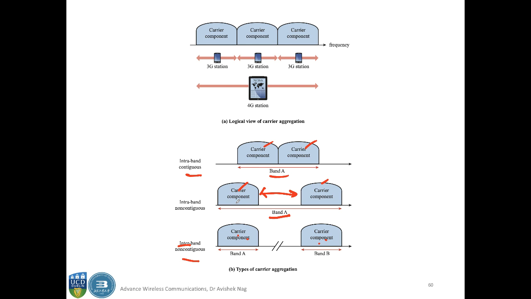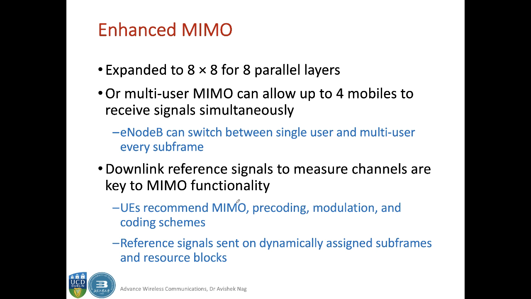Okay. So moving on, another feature of LTE Advanced is enhanced MIMO. So instead of 4x4, you can have 8x8 MIMO. You can also have multi-user MIMO, and this can allow up to 4 mobiles to receive signals simultaneously. So the eNode B can switch between single user and multi-user every subframe.